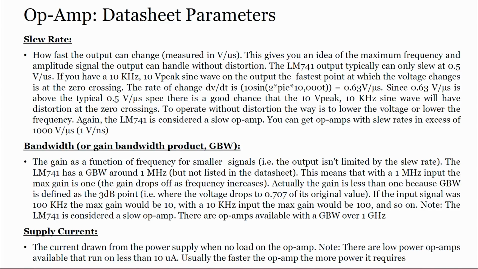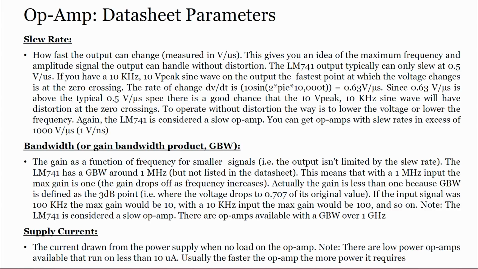So, if you want to avoid this distortion, what can we do? We can either lower the voltage so that it comes around 0.5 volt per microsecond or below it, or we can lower the frequency. By lowering the voltage or frequency, we will see that the rate of change dV by dt would be less than 0.5 volt per microsecond.